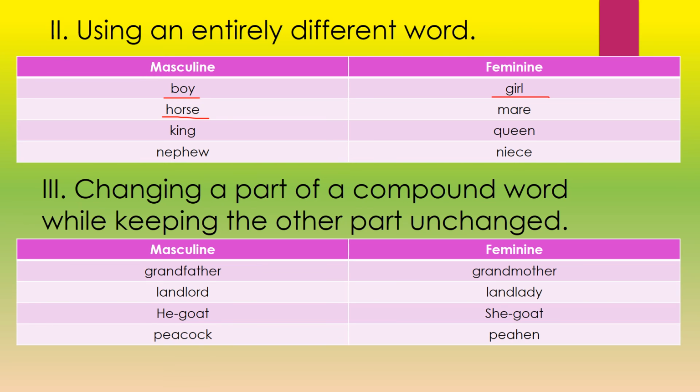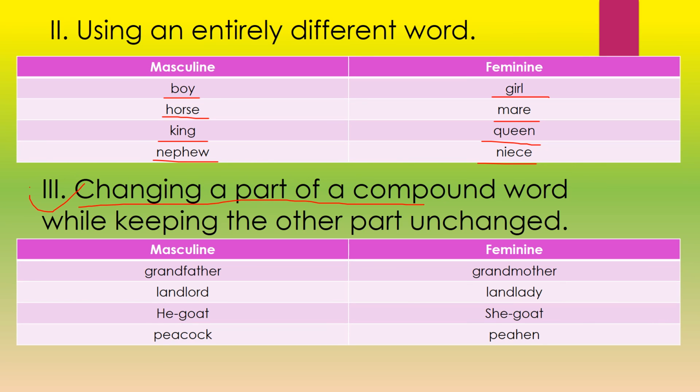Masculine gender horse, then in feminine gender it will be mare. King, queen, nephew, niece. So over here, an entirely different word is being formed in the case of feminine gender. When you are given one word in masculine gender, then for the feminine gender, there is one entirely new, different word.